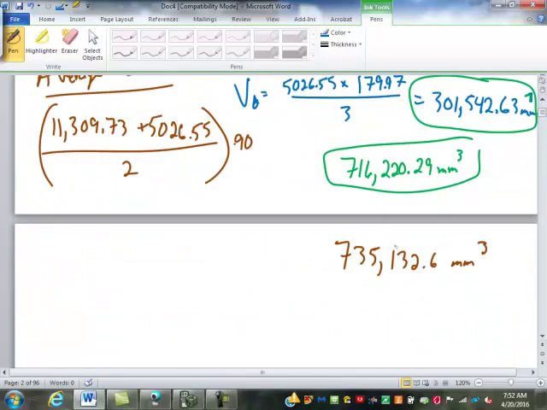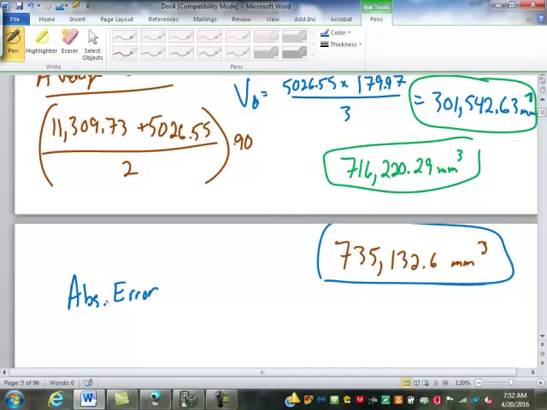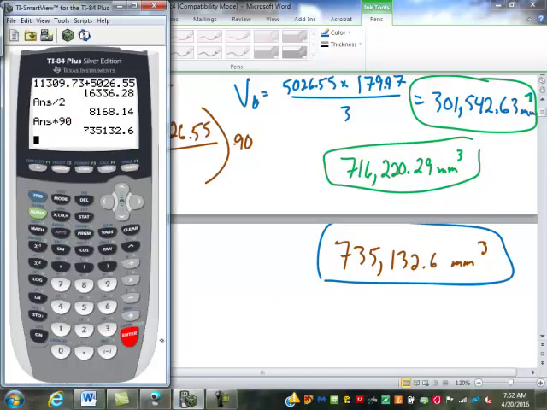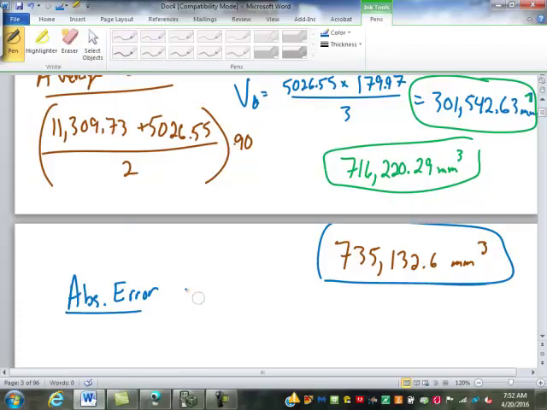But how far? Well, what we're going to do is find a percent error. Remember doing this from last semester? For percent error, we start with the absolute error, which is just subtracting the two of them. So we're going to take the 735 minus 716,220.29. So we have an absolute error of 18,912.31 millimeters cubed.